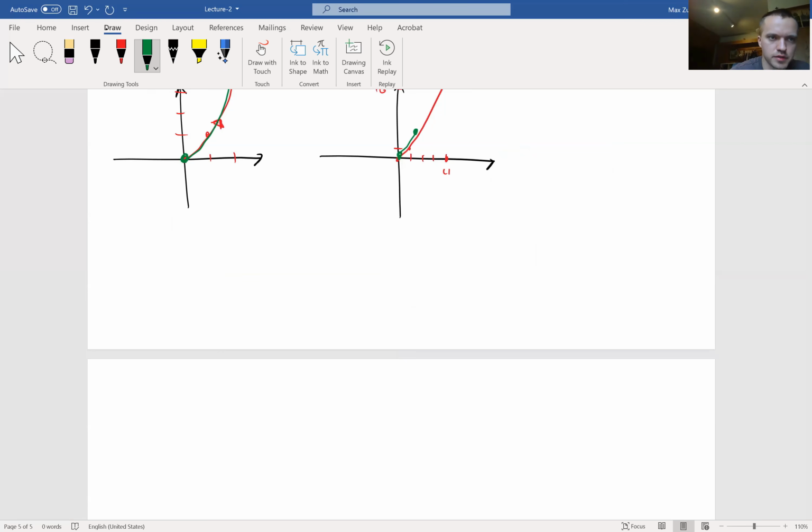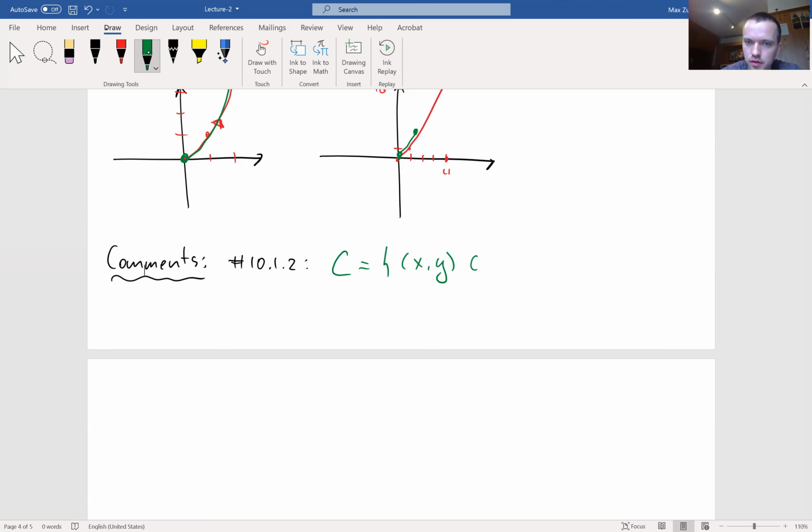So we have a remark, notation in 10.12. We have the following: C is the set of x, y that belongs to R2 such that x squared plus y squared is equal to 1. This notation is called set notation.